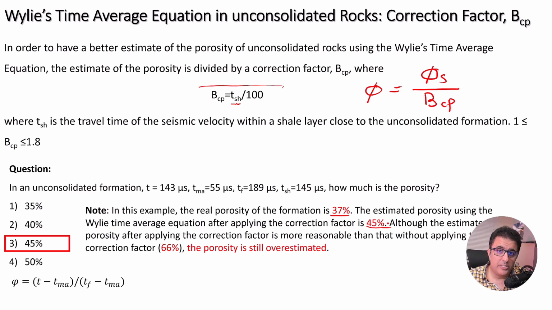If you didn't apply that correction factor, the porosity that you would have calculated would be 66%. That is so off the correct porosity. So it means that, as you see, applying the correction factor may help us to obtain a more accurate estimate of the porosity, but still it's not that accurate.